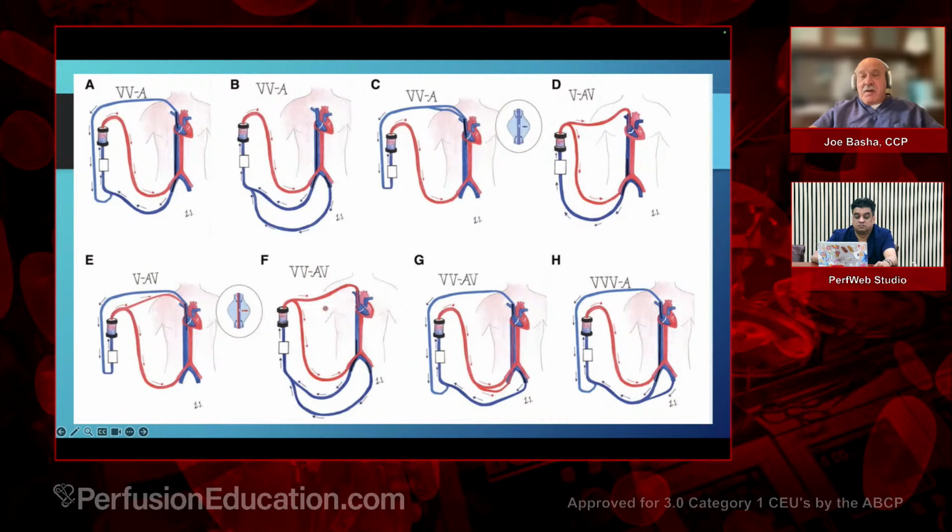It's probably more relevant in VVAV because you definitely want to know how much am I flowing systemic, how much am I flowing back up to the right atrium. And that's where we're going to talk about the transonic. That's a double flow probe system, and that gives you access then to 3 flow probes for when you start getting really interesting types of configurations.